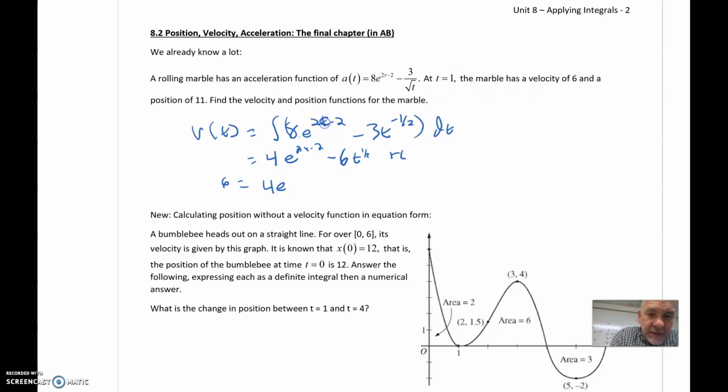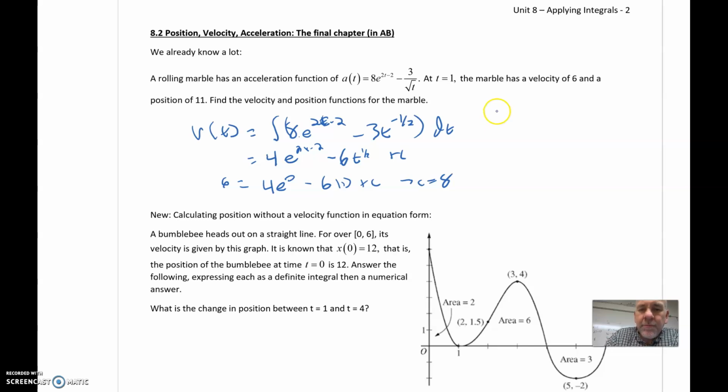That should be t. And so e to the 0, like that, minus 6 times 1 to the 1/2, that's 1, plus c. So I'm getting that c equals 8, I think. Add that over, subtract it over, yep.